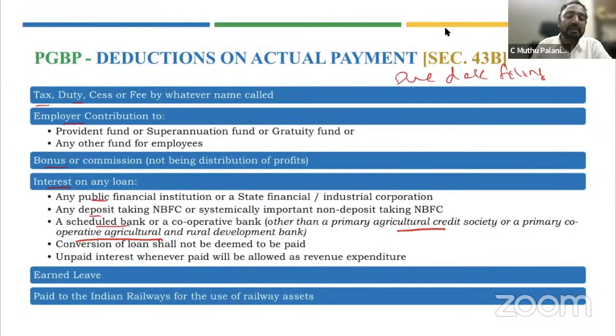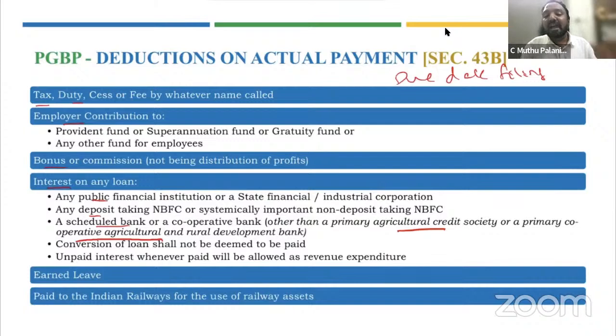Payable cannot be claimed. If you have paid, it is allowed. If you have not paid, it is not allowed. And when you say paid, one thing you have to keep in mind is that conversion of loan is not payment. For example, during COVID time, I was not able to pay my EMIs. I was supposed to pay interest every month. In the last one year, the interest accumulated is around 25 lakhs.